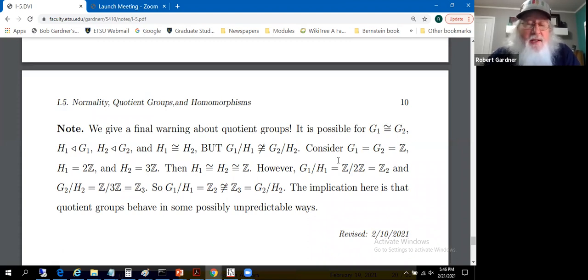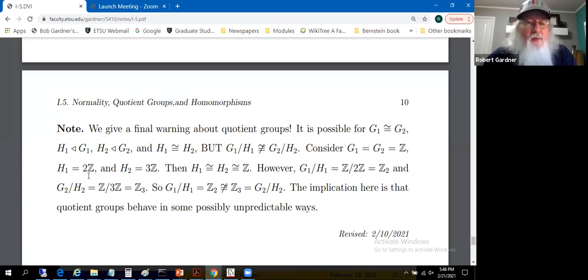An easy way to illustrate it, take the integers. Take G1 and G2 to be the integers, so we don't have just isomorphic, we have equality there. Take H1 to be twice the integers, and take H2 to be 3 times the integers. We've seen in the last section that twice the integers and 3 times the integers are isomorphic to each other. In fact, they're isomorphic to the integers themselves.